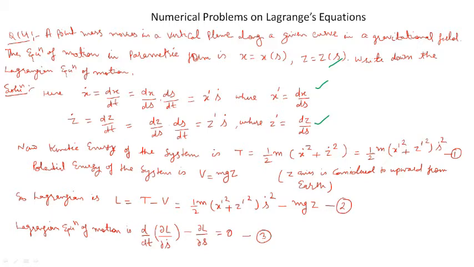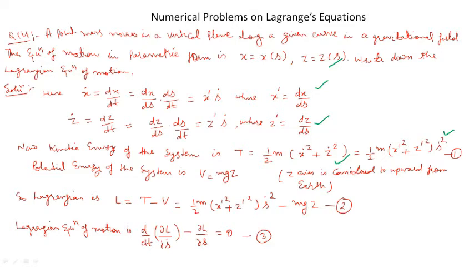Now the kinetic energy of the system will be, because there are two coordinates x and z, written in these coordinates, and it is equal to 1 by 2 m times (x dot square plus z dot square). When we put the values of x dot and z dot, we find equation 1, which is 1 by 2 m times (x dash square plus z dash square) into s dot square.